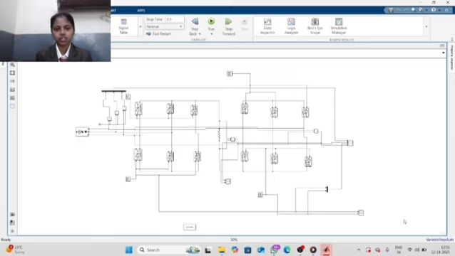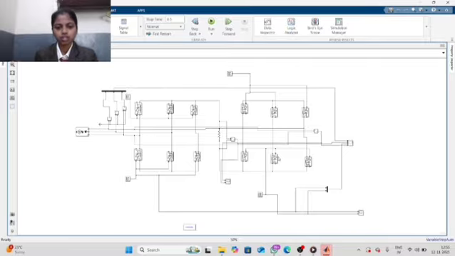The cycloconverter converts AC input to AC output. We apply an AC input at 50 Hz and the output is 25 Hz.